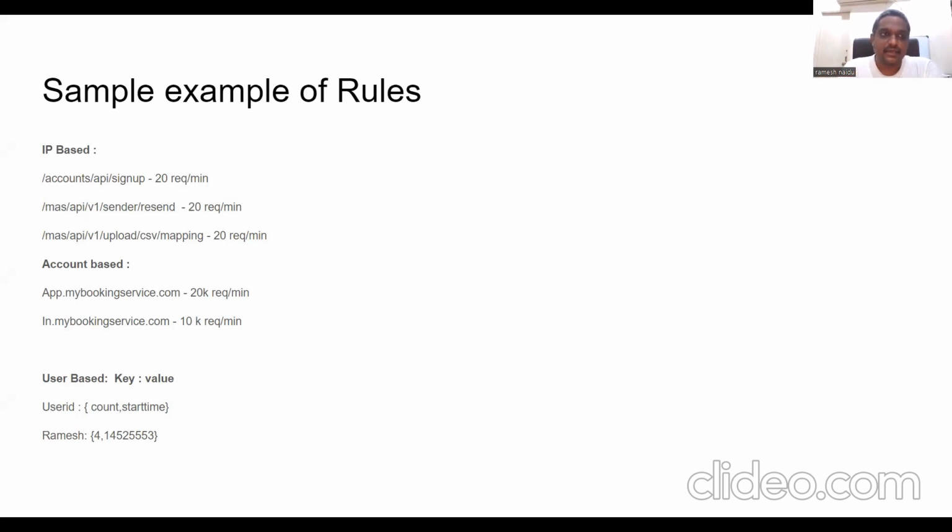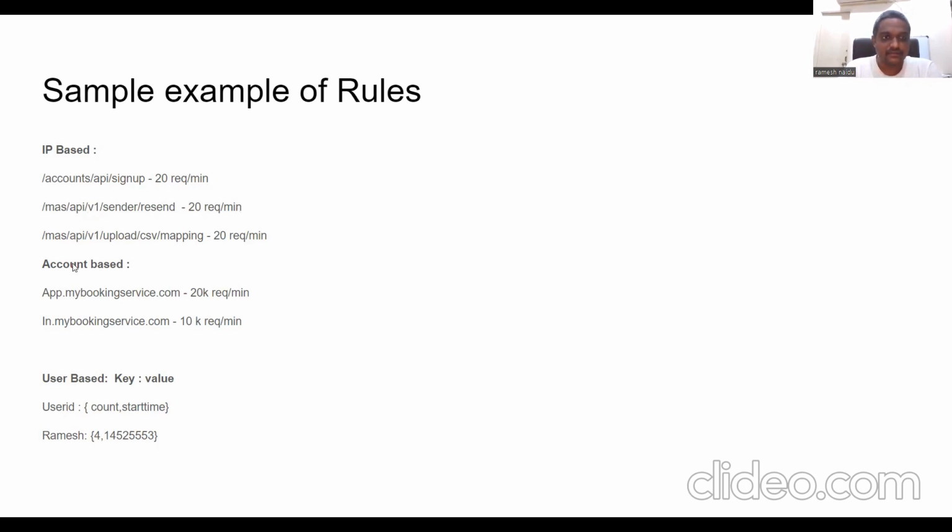I can have IP-based rules saying /account/API/signup has 20 requests per minute, which means if I get a request from a particular IP and that request is hitting this URL for sign up, I allow 20 requests in a minute. Similarly, if I hit this endpoint from a particular IP, I allow only 20 requests per minute. That is how the IP-based request works.